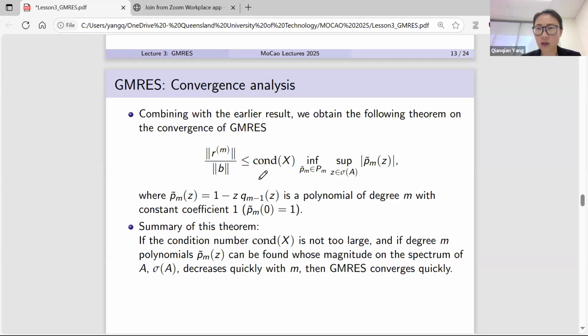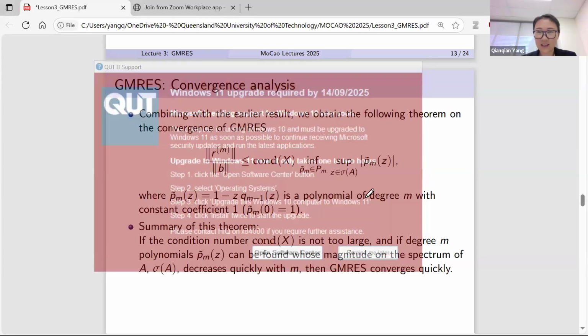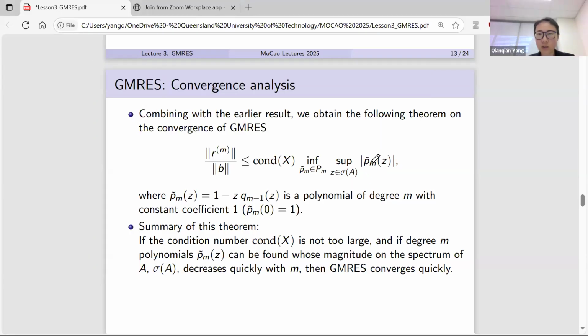Let's just quickly summarize what this theorem can tell us. We are saying that if the condition number of X is not too large, and if a polynomial Pm of degree m can be found whose magnitude on the spectrum of A decreases quickly as m increases, then our GMRES will converge quickly.